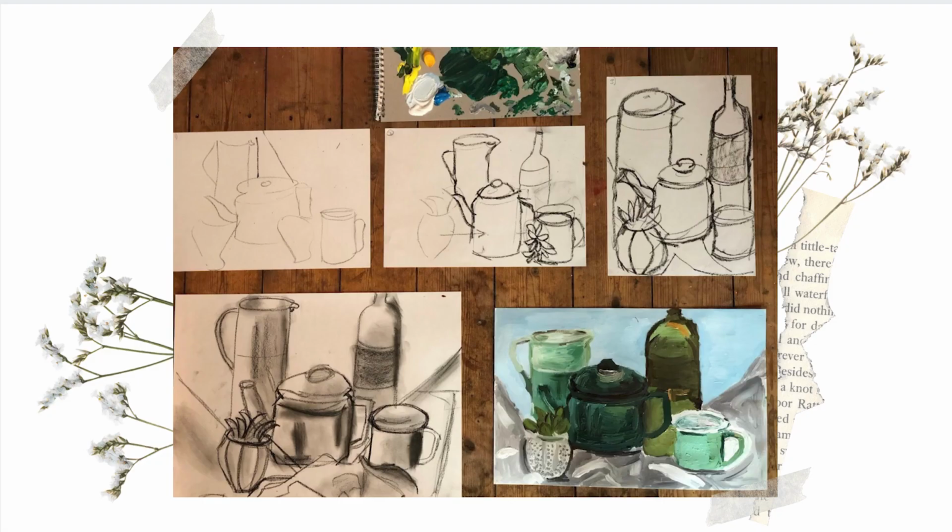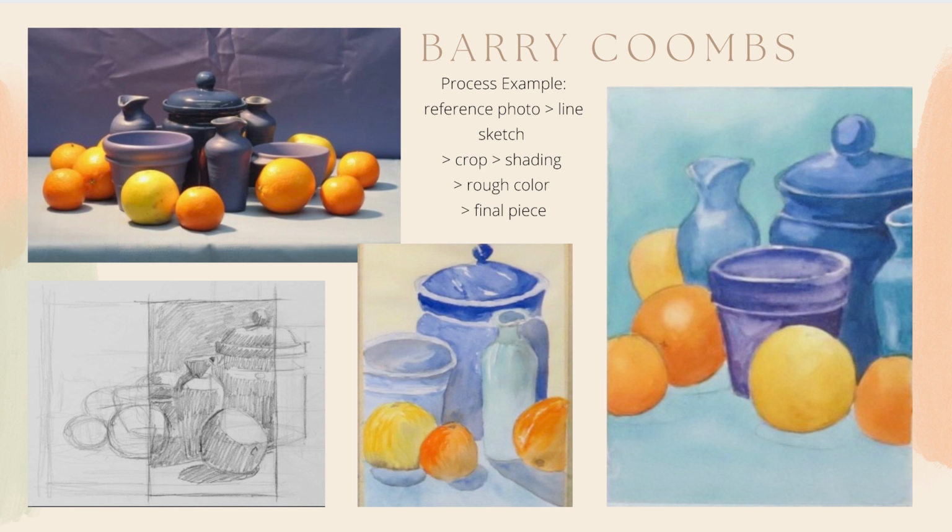This is a study more so than thumbnails, although these are fairly small drawings, as you can see judging by the floorboards behind them. But there's a basic line drawing, developed it a little bit further, moved some of the objects around, and then did their final piece.